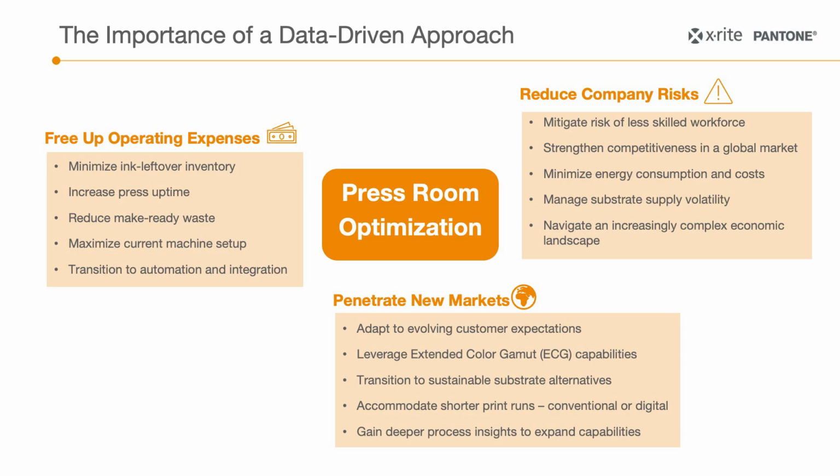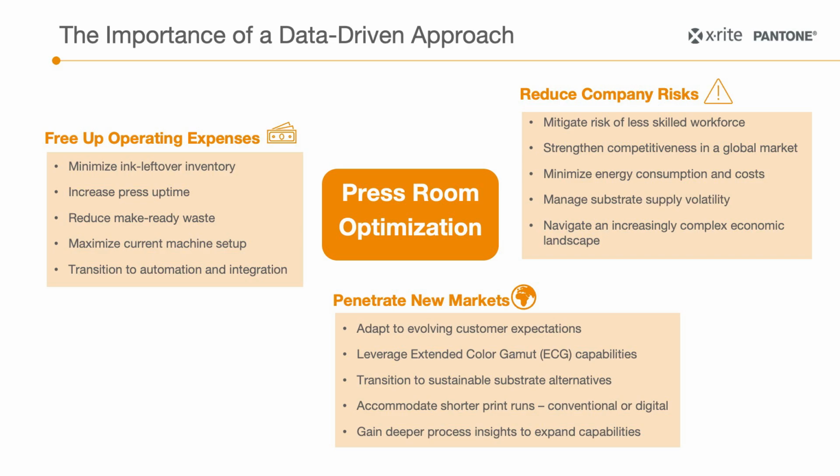It of course helps also to reduce the company risk, the increasing energy consumption, the cost of substrates, the substrate supply is reduced. So all of that is a challenge, and with a press room that is optimized, you are able to overcome these risks.